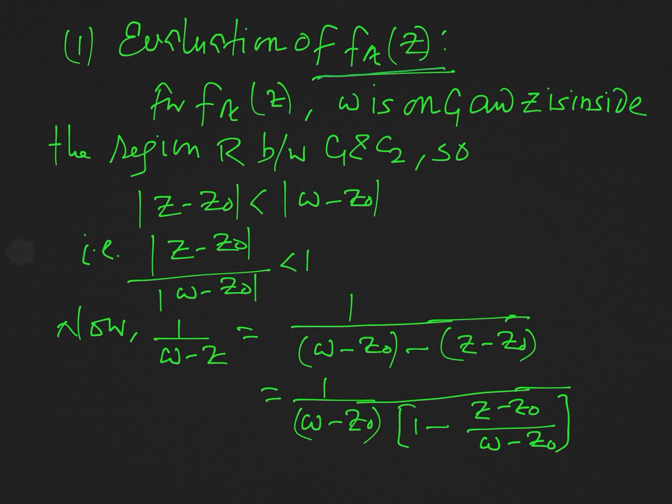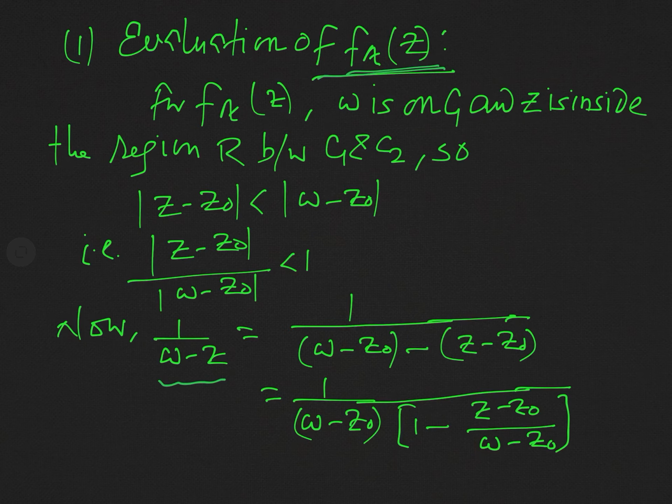And now to evaluate the integral defined by FA of Z, first of all we have to find this 1 over W minus Z. 1 over W minus Z, you can easily write it 1 over W minus Z0 minus Z minus Z0. It is also clear from that figure, or algebraically you can say this Z0 will cancel out, and in the denominator there will be simply W minus Z. Now let us take this factor W minus Z0 as a common factor, and what will remain then?